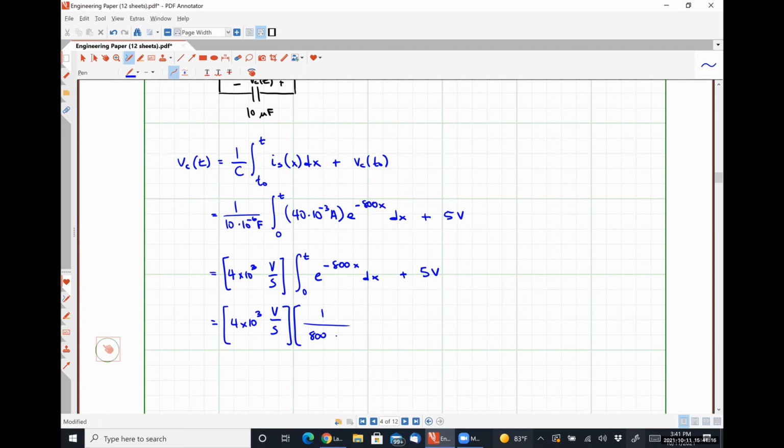So the units on that 800 will be per second, which cancels with the seconds in the denominator, giving us an answer entirely in volts. Exactly right, per second, or hertz if you want to get weird with it.